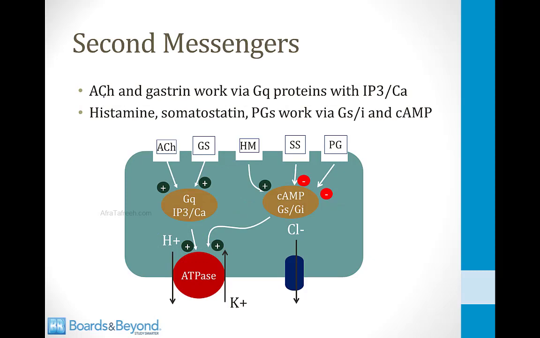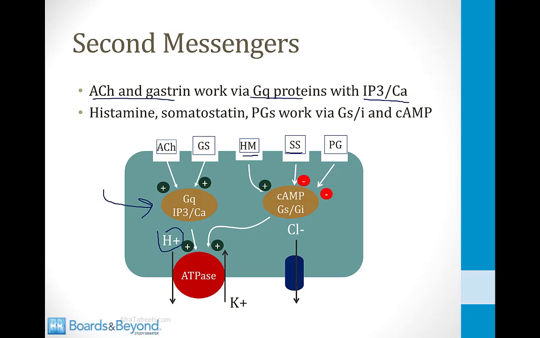The second messenger systems of the different stimuli and inhibitors of parietal cells have been fairly well characterized in the basic science laboratory, and they like you to know something about these for step 1 of your boards. Acetylcholine and gastrin work via GQ proteins with an IP3 calcium second messenger system. I've shown here that both acetylcholine and gastrin can activate the GQ protein, which then stimulates protons to be pumped into the lumen of the stomach.